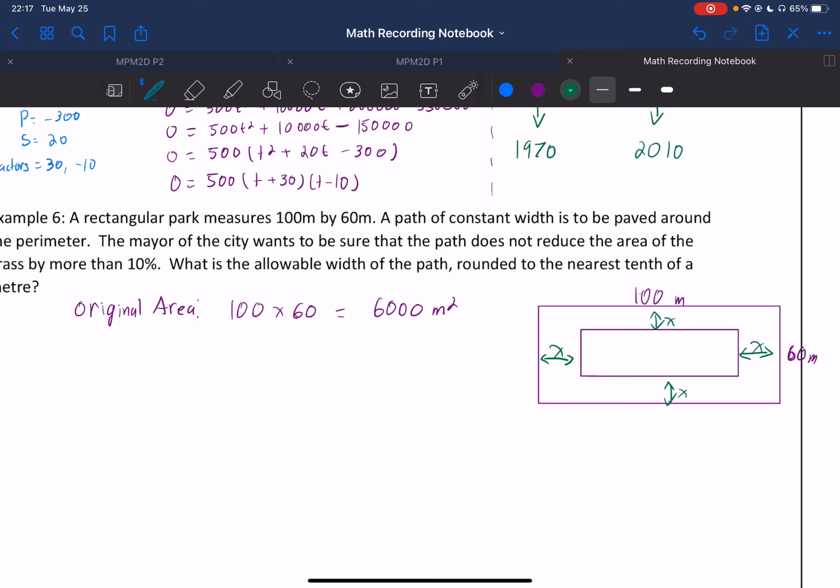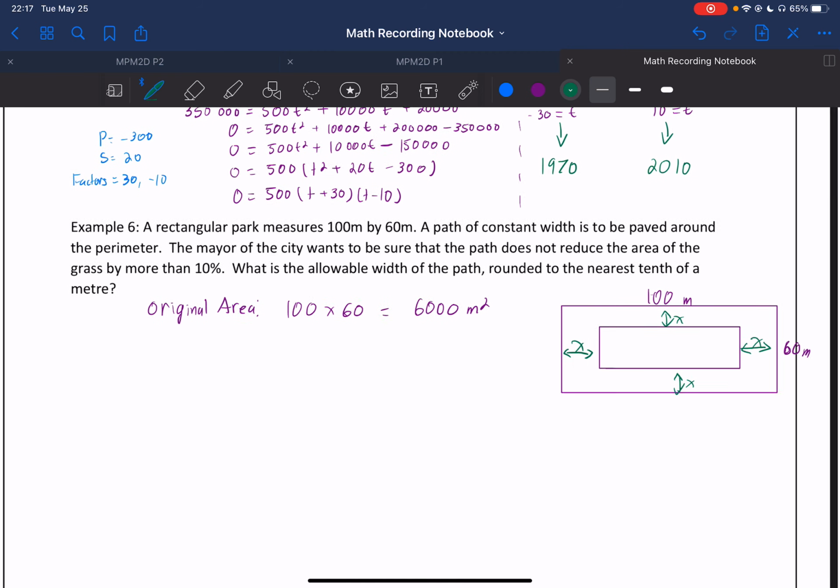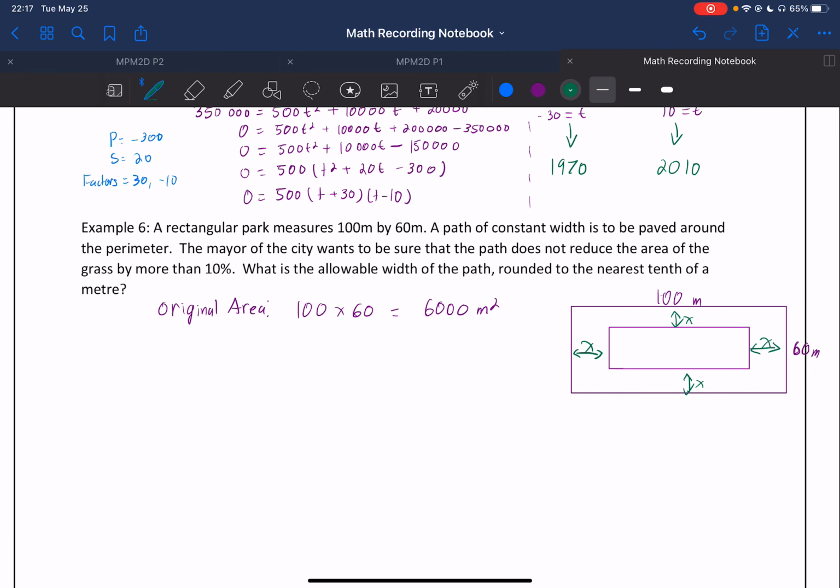So if we're looking at this, our new area should take up 90% of the original area. Now, how did I get 90? They want to only take away a maximum of 10%. So if we're taking only away 10%, that leaves us with 90%.